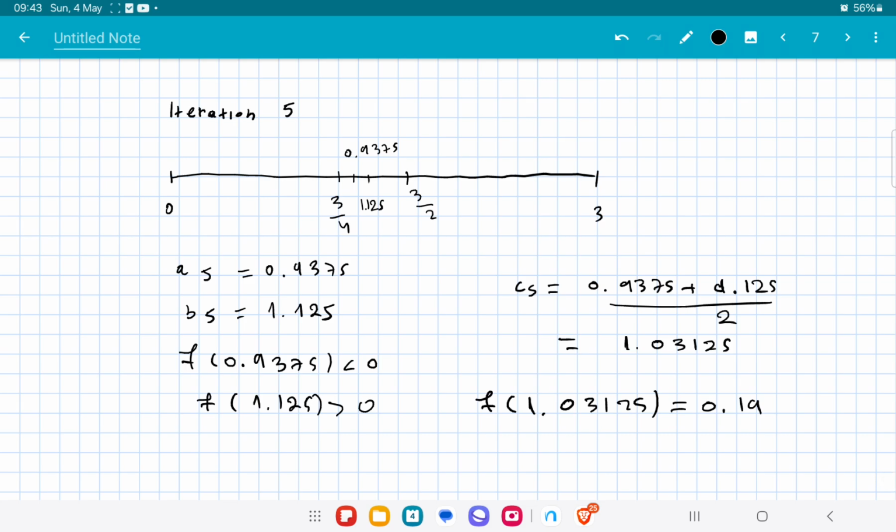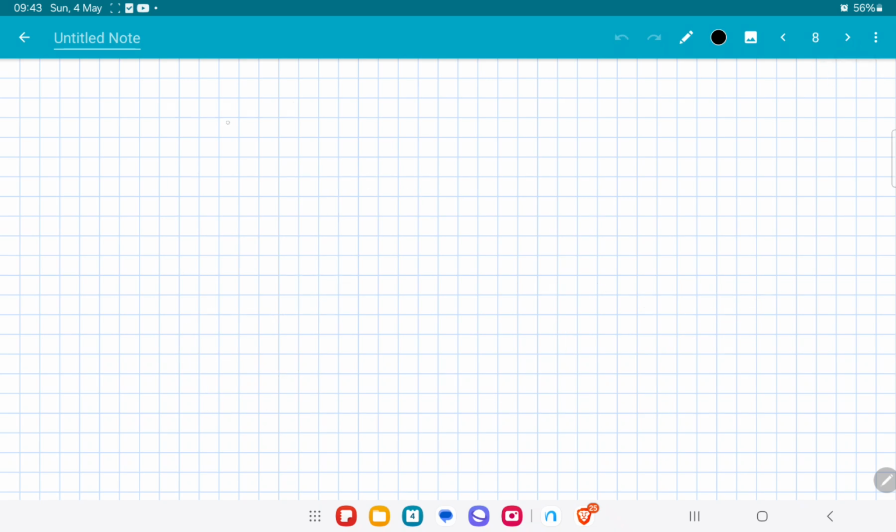Let's do one more iteration, iteration 6.